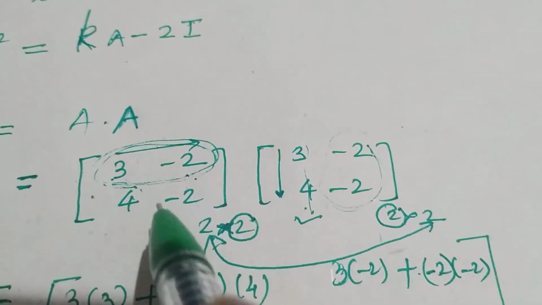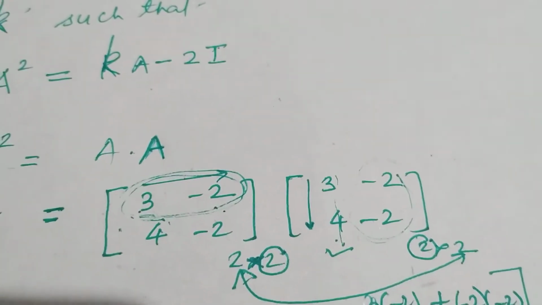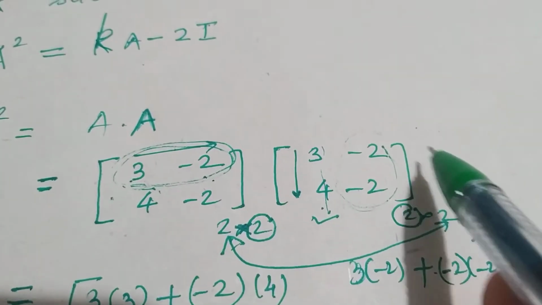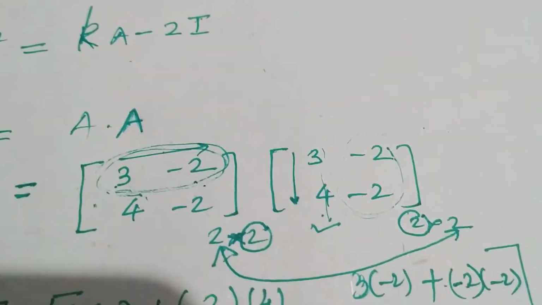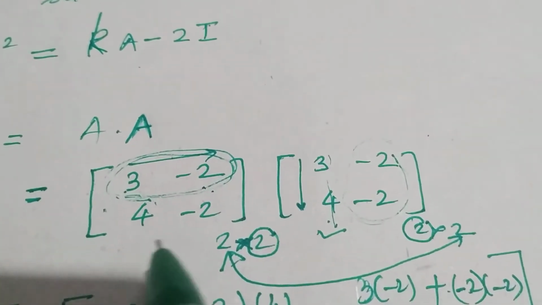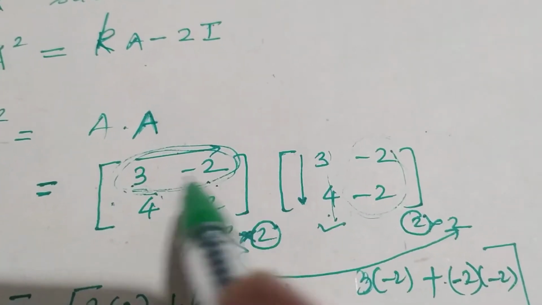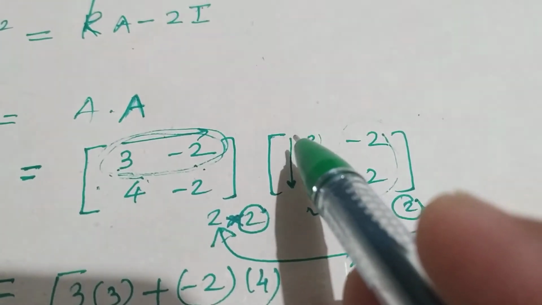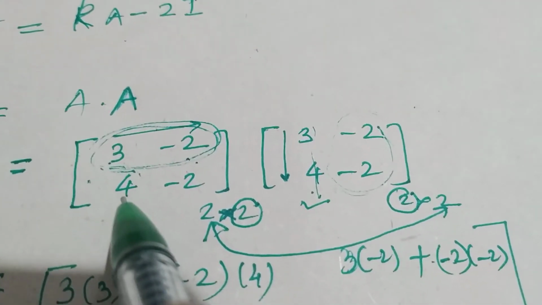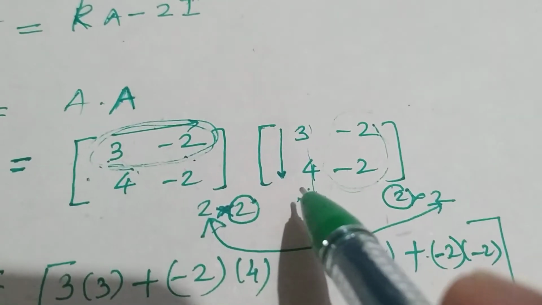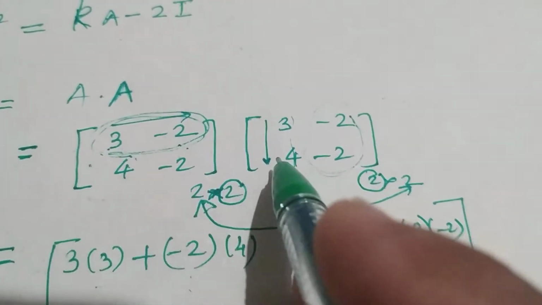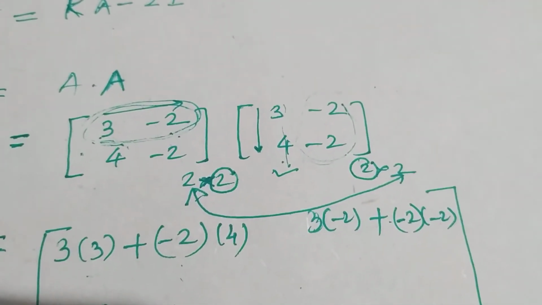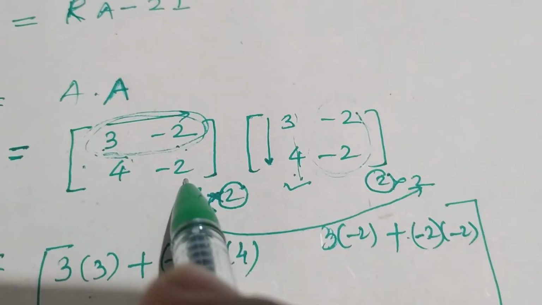So this is how we multiplied first row, first column, wrote the result, then first row, second column, wrote the result. Now we go with the second row of the first matrix and multiply it with the first column of the second matrix. So we get the second row, first column element: 4 into 3 plus minus 2 into 4.